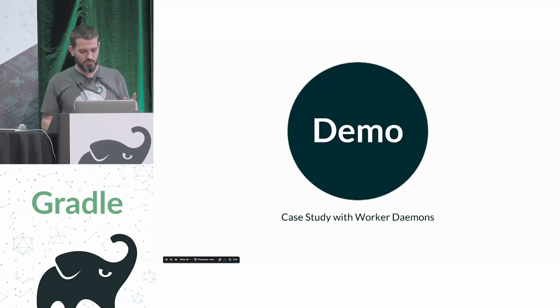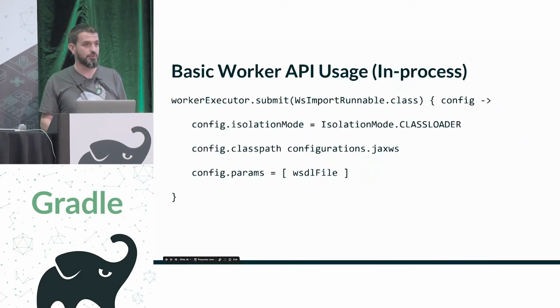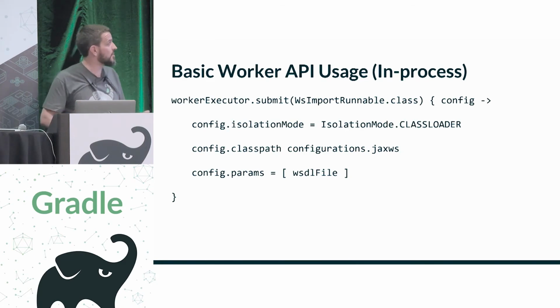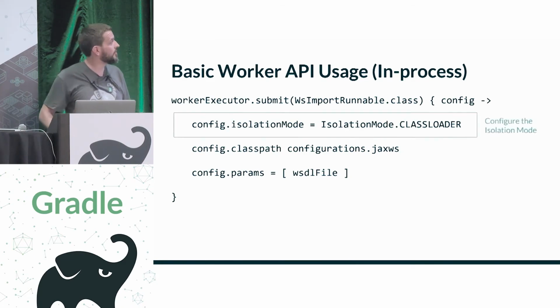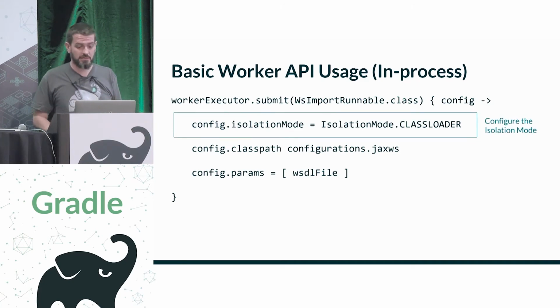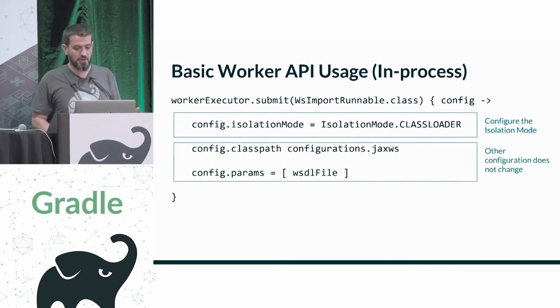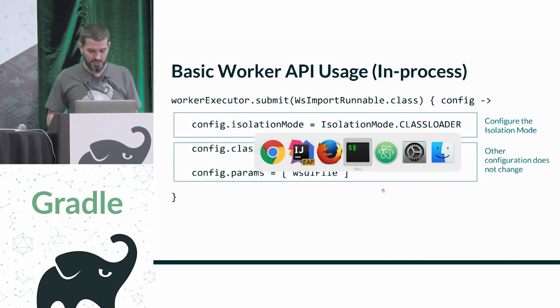So now moving on to using worker thread, like worker in process. So it's about the same, and we just set the isolation mode to class loader. It was process before. And the other configuration doesn't change.